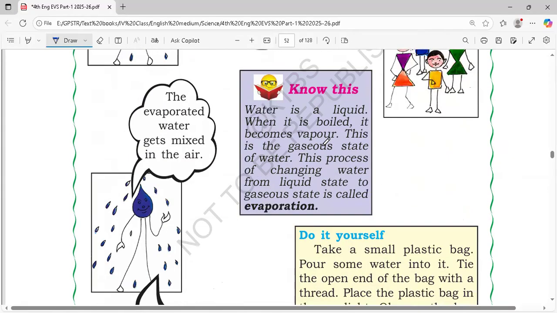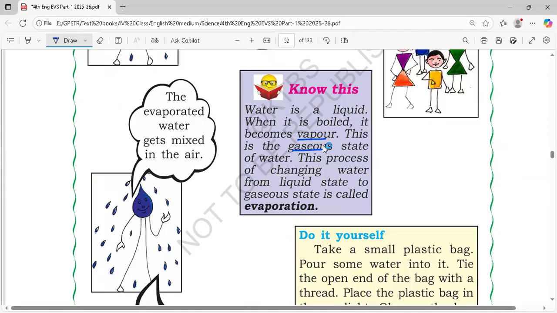Next. Know this. Water is a liquid. When it is boiled, it becomes vapor. This is the gaseous state. Water is in three states: liquid, gas, and solid.